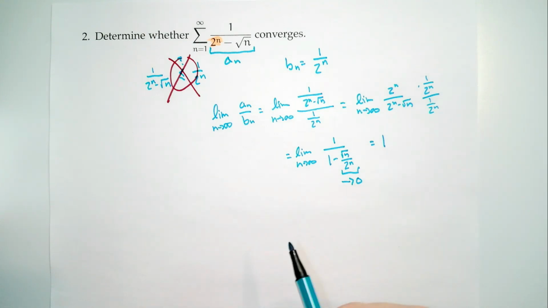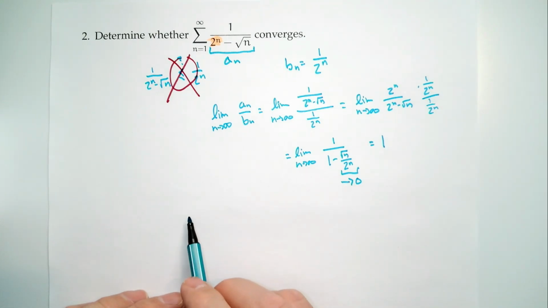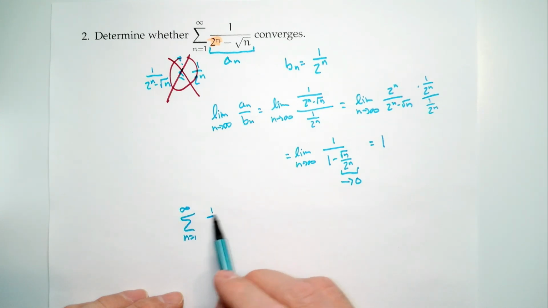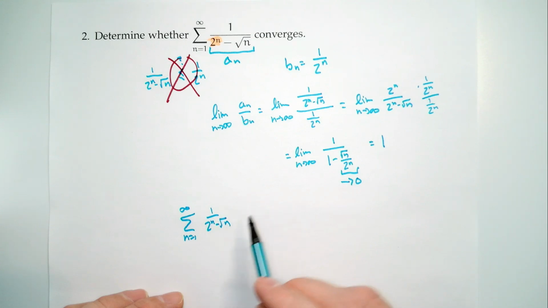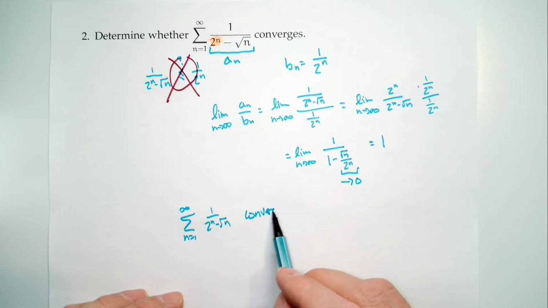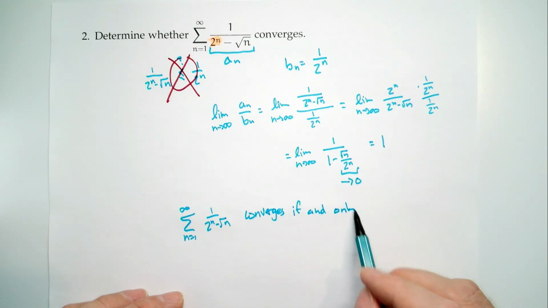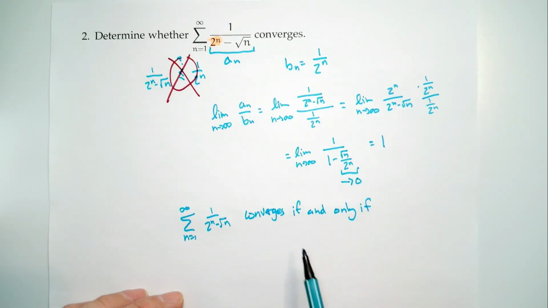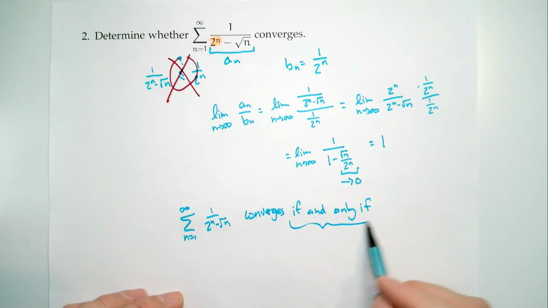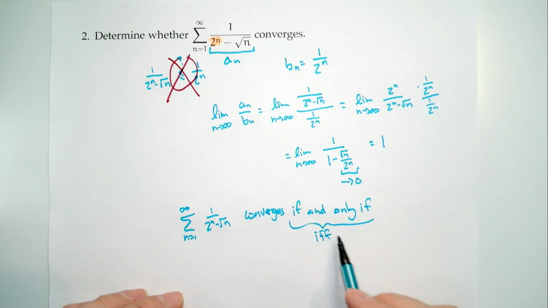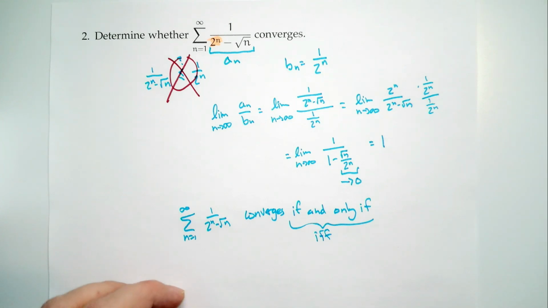And in particular, what we can conclude is we can say, well, look, the sum from n equals 1 to infinity of 1 over 2 to the n minus root n converges if and only if, and the only bad part about this is you have to write out the phrase if and only if. Mathematicians, by the way, have a shorthand. They call this the iff. So if you ever see the iff, it's not a typo.